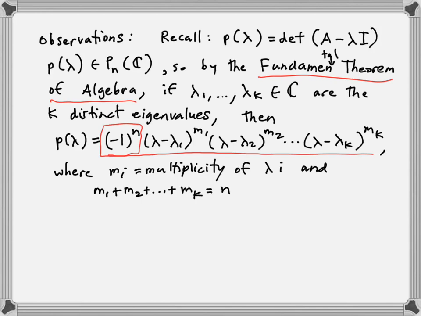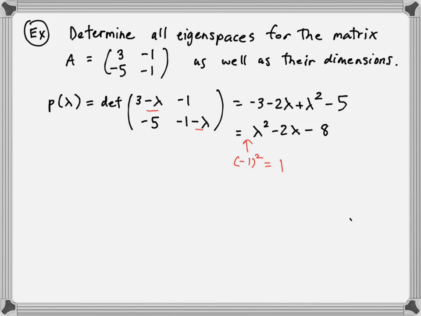All right. So now we need to set that guy equal to 0. So if I do lambda squared minus 2 lambda minus 8 is equal to 0, we notice that this thing does factor. We get lambda minus 4 times lambda plus 2 equals 0. And so we end up with 2 eigenvalues.